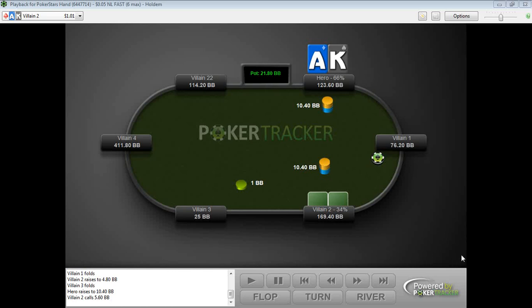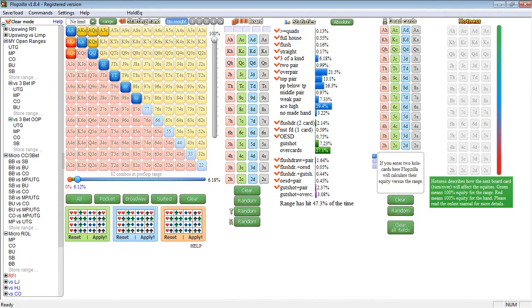But let's just say, what's the range here? So let's say that hands that would go all in would be ace, ace, and king, king. And hypothetically, he would call a 4-bet on all these other hands.